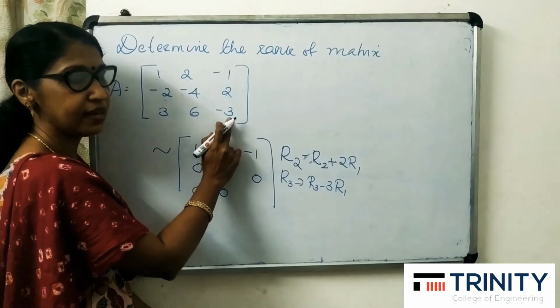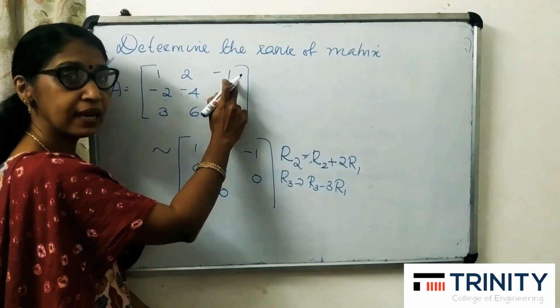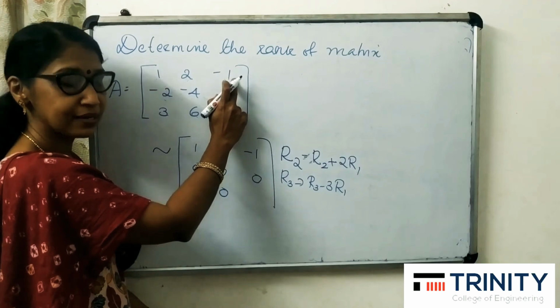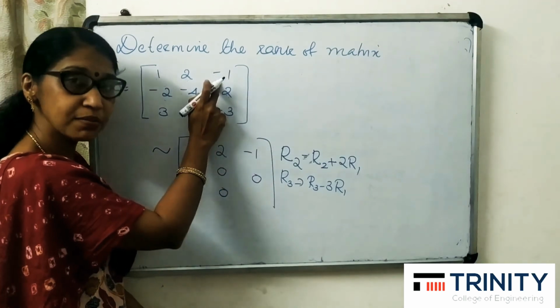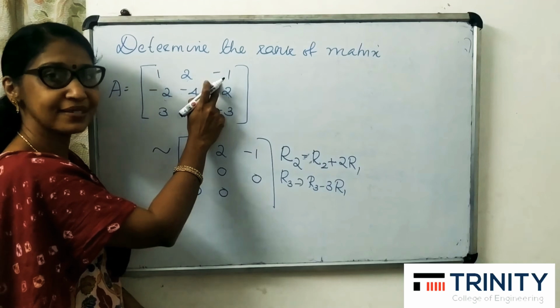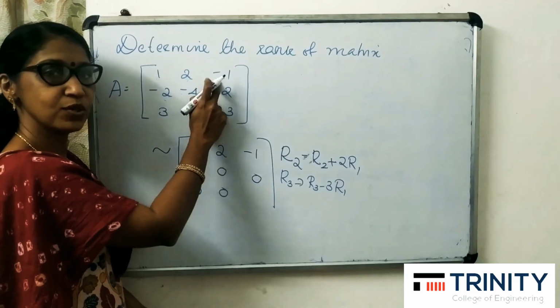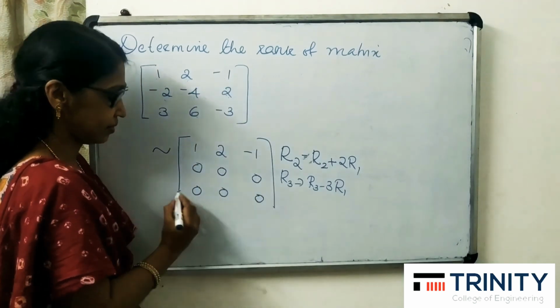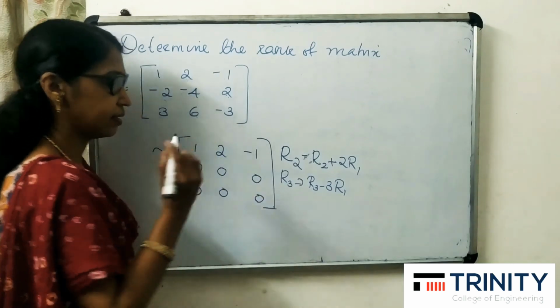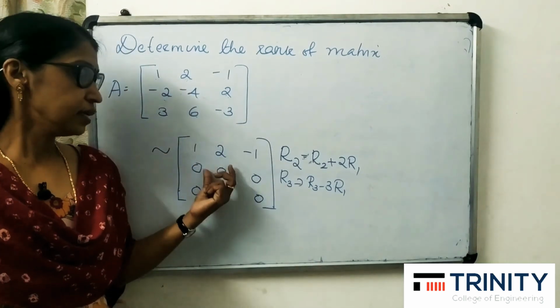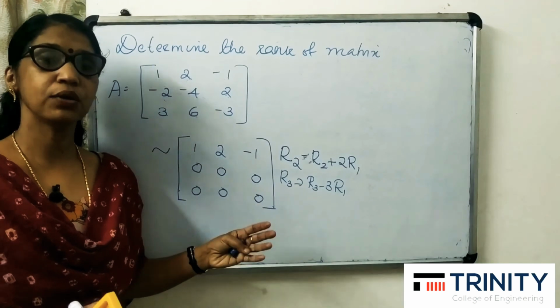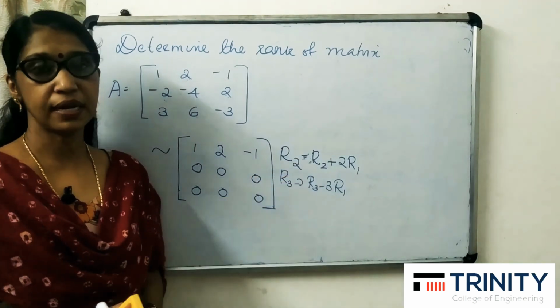Here -3: -3 minus 3 times -3, that is -3 plus 3, which is also 0. Look at this, both these rows become 0 when we apply this elementary transformation.